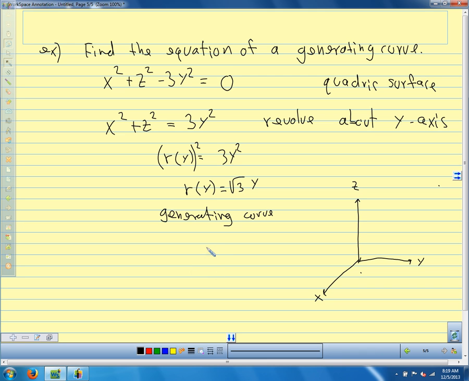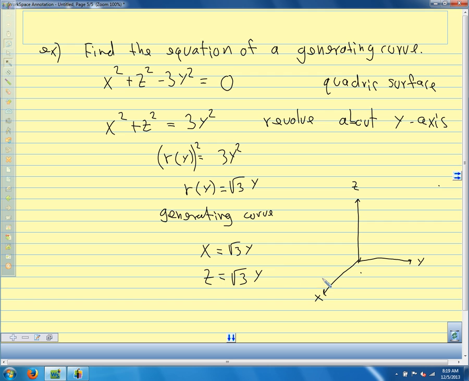How about x equals square root of 3y? That work? How about z equals square root of 3y? Either of those will work. Either of these is going to be a generating curve. So in the yz plane, what kind of curve is z equals square root of 3y?